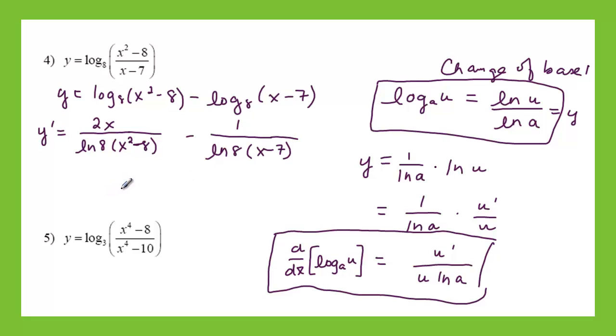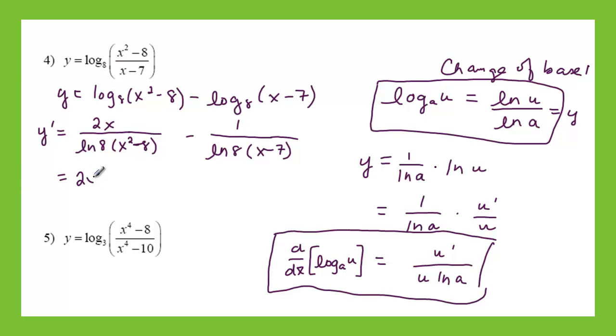You'll probably want to get this into just one fraction because the next thing, of course, we'll be doing is things like relative extrema and finding critical numbers. So if I want this as one fraction, I see I have a natural log of 8 in both of these denominators, so the only thing I'll need to multiply by are these functions to get the common denominator.